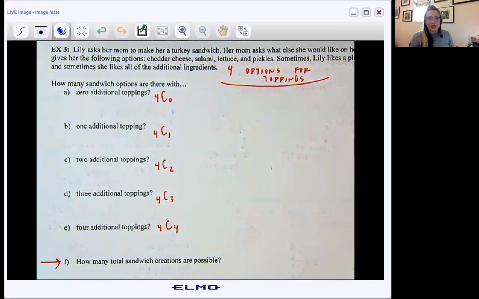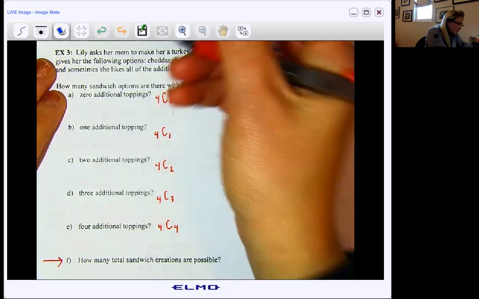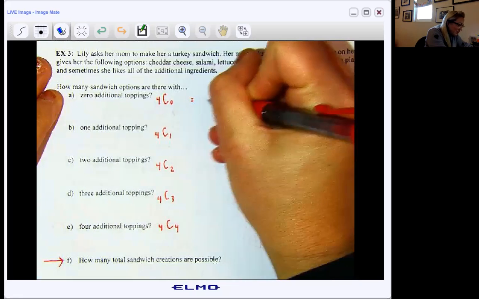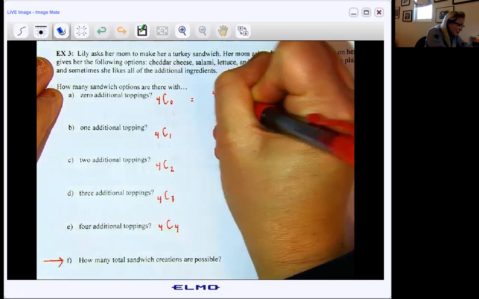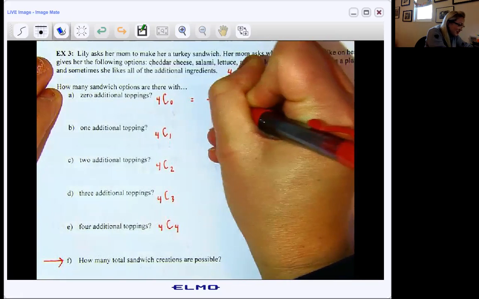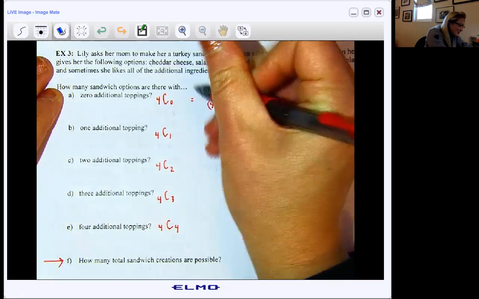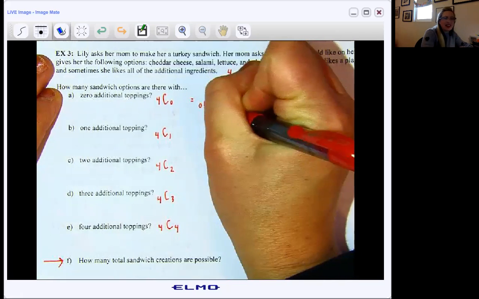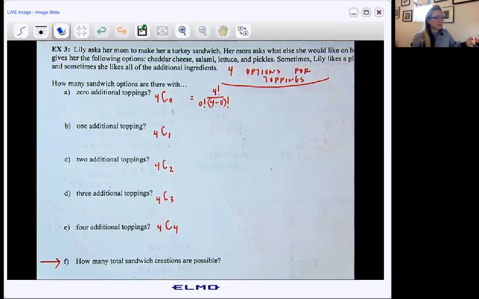Okay, and I know we know how to do it by hand and in the calculator, but I want to point out something, an extra relationship. So let's say that I start with the 4 choose 0. So that's like saying 4 factorial over 4 minus 0 factorial with that extra 0 factorial for any duplicate groupings.